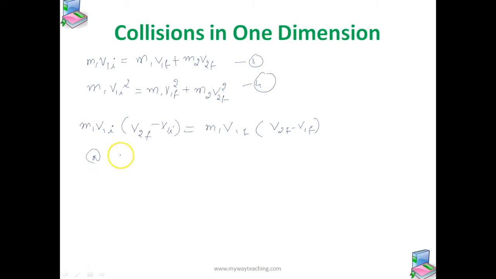Or we can write it as v2f into (v1i minus v1f) is equal to v1i square minus v1f square.